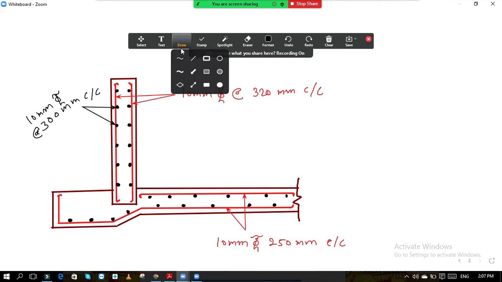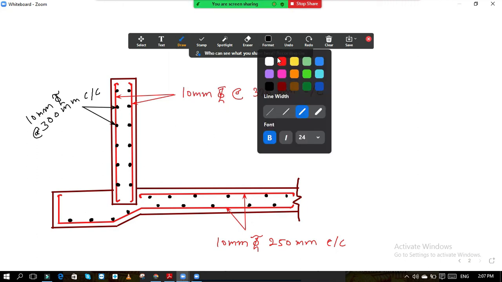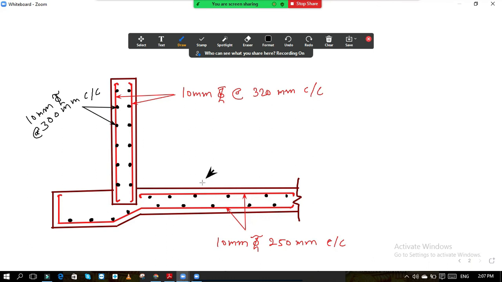Okay, and now we will give name to this. Again the same thing is there. These are the bars, 10 mm diameter bars, which are 300 mm center to center.